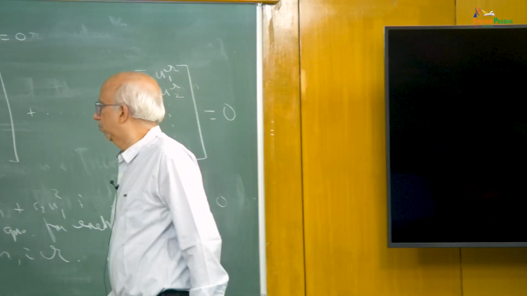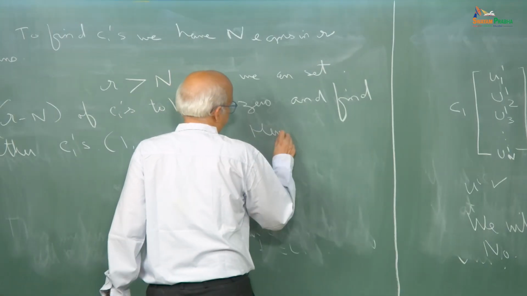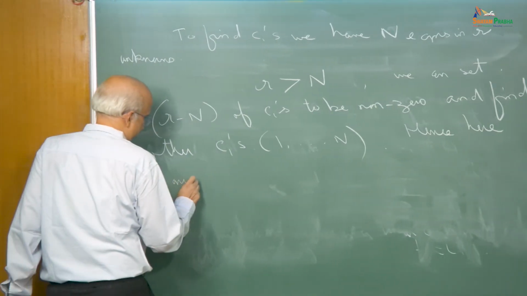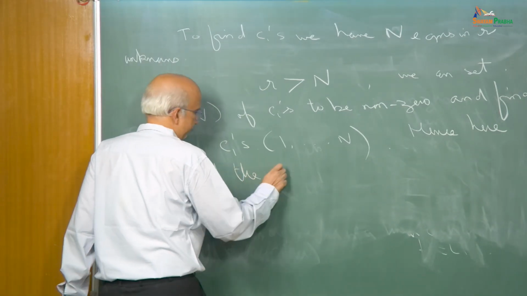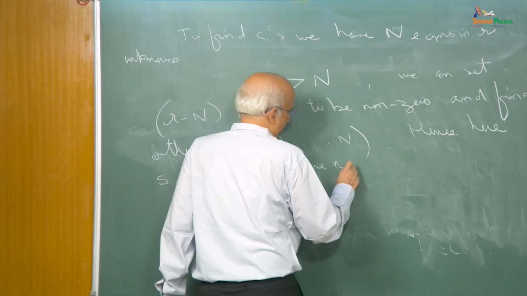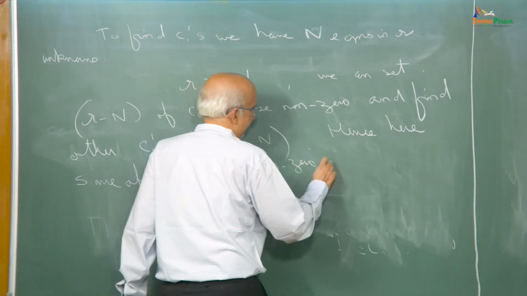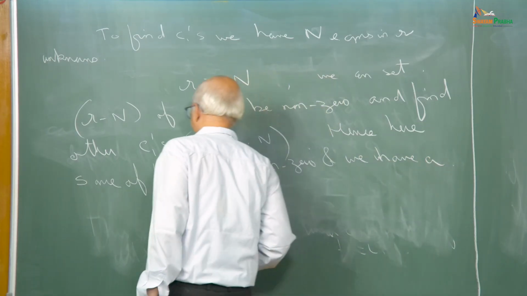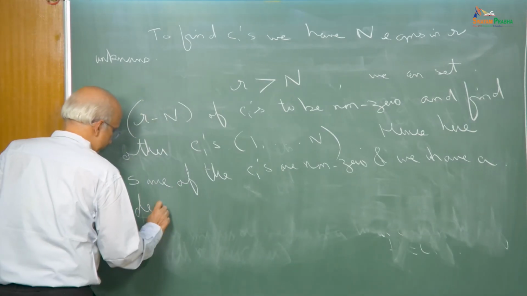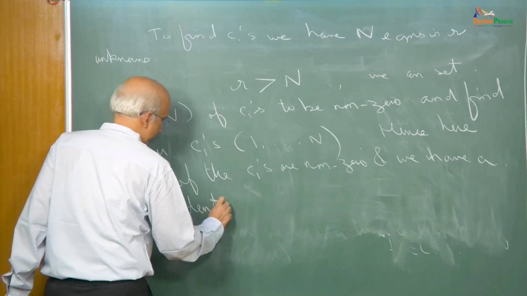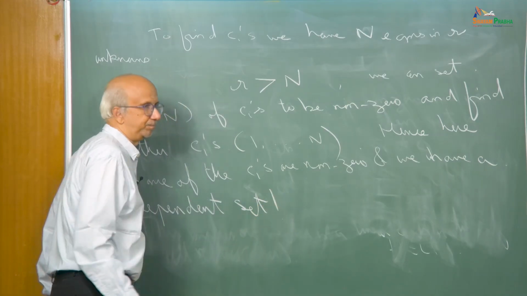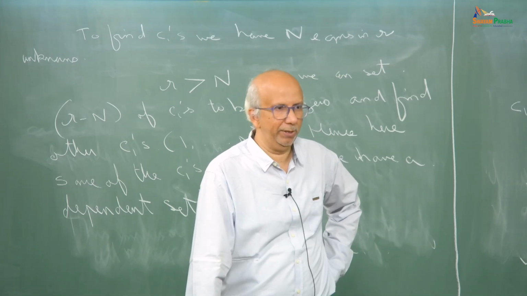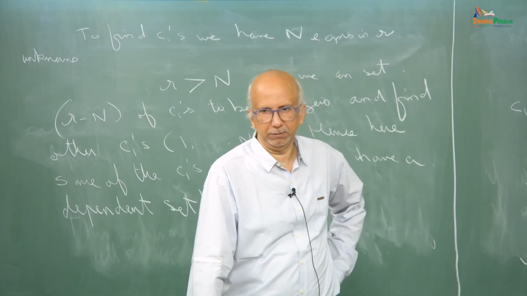Hence here some of the Ci's are non-zero, and we have a dependent set. But if R is less than or equal to n, I cannot tell directly; it is not immediately obvious.